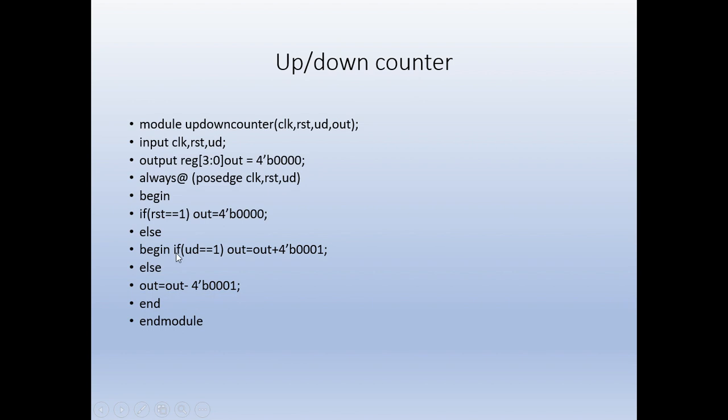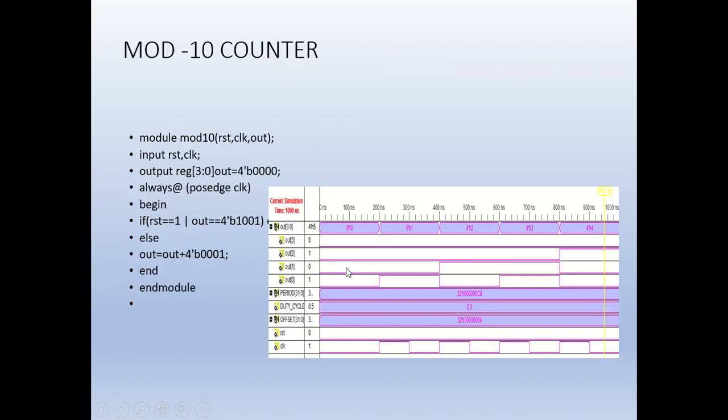Else, if UD is equal to 1, out is equal to out plus 4-bit 0001. Else, if UD is 0, then out is equal to out minus 4-bit 1, the down count. This is your end module.